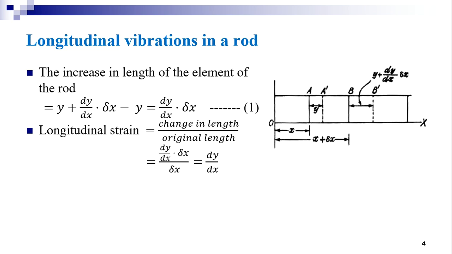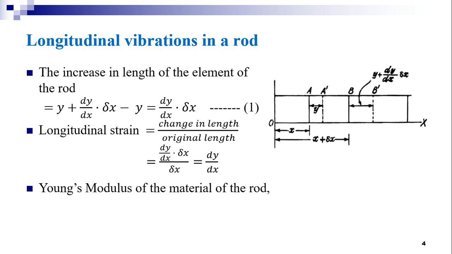The increase in length of the element of the rod will set up the internal restoring force within the body of the material, which tends to bring it back to the original length. There will be a restoring force developed inside the rod.